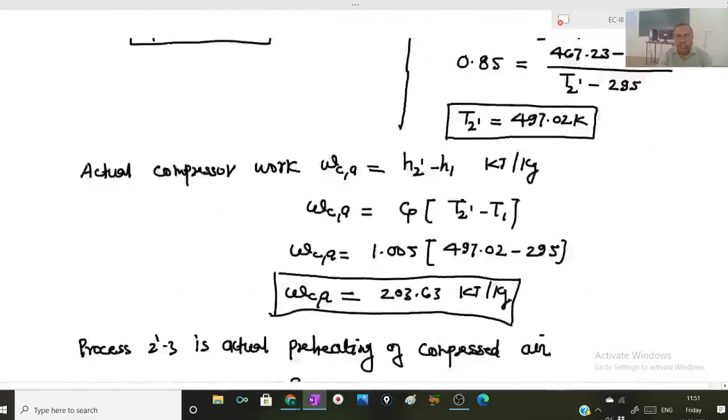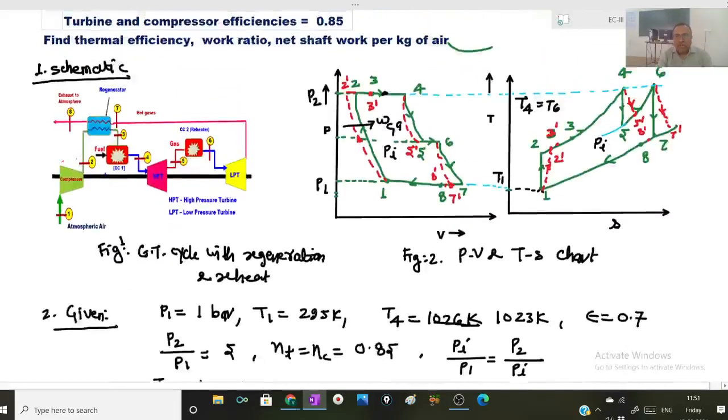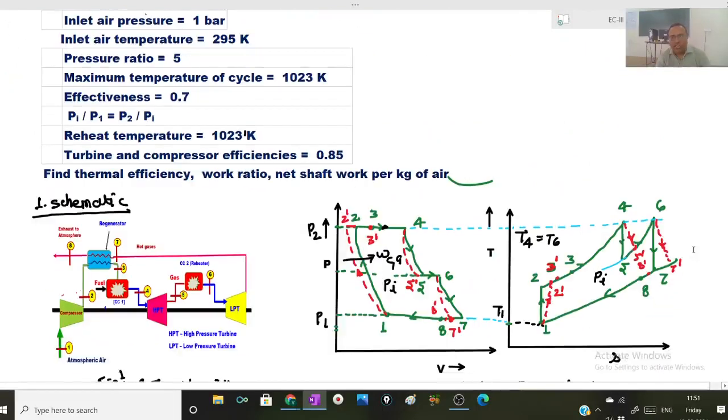So what it means actually, if T6 is equal to T4, what is T6? T6 is the temperature after reheating. See in the schematic, T6 is the temperature after reheating. And this T6 is equal to T4. That is the temperature of the gas entering the high pressure turbine. So T6 is equal to T4, it means reheating is perfect.